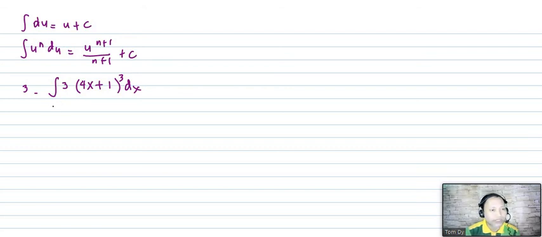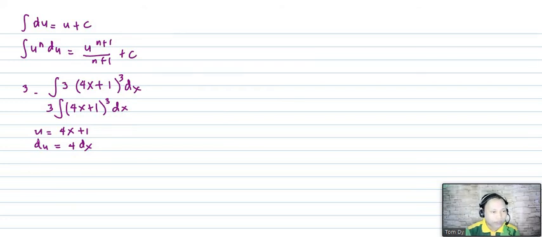We will write first 3 times the integral of (4x plus 1) cube dx. So our u for this one equals 4x plus 1. If we make use of this formula, the derivative of u, that is 4 dx, and this one is dx.